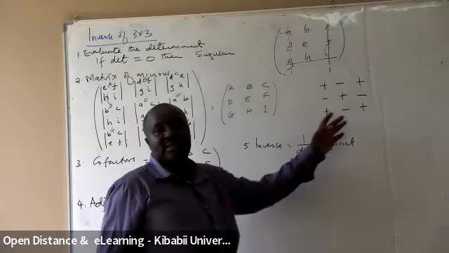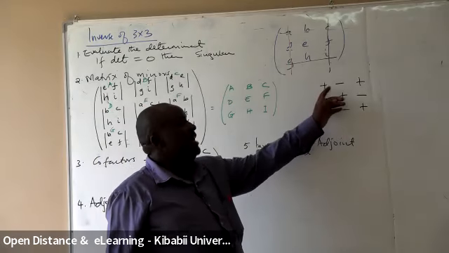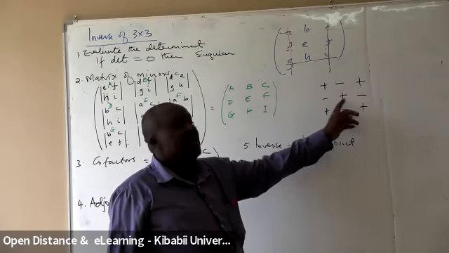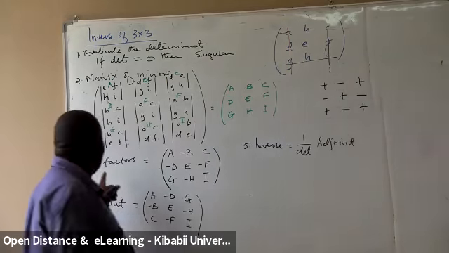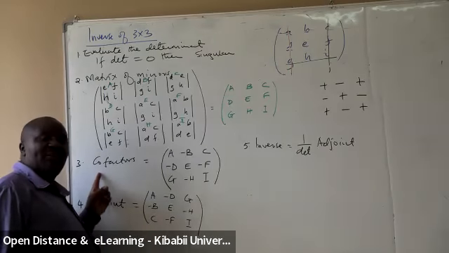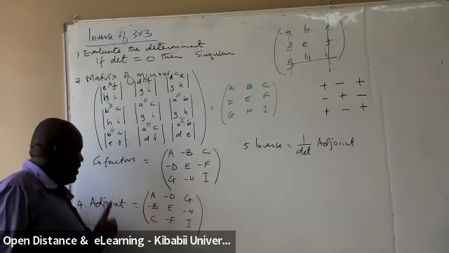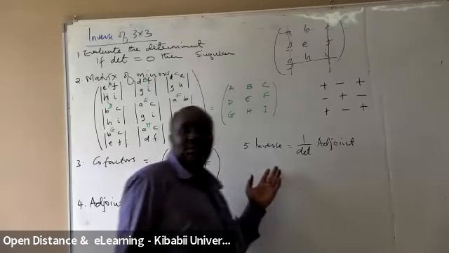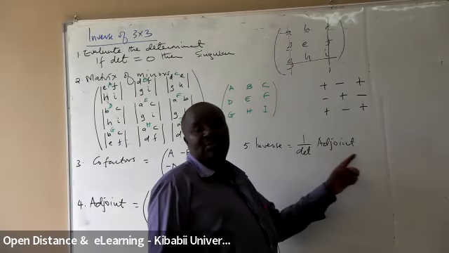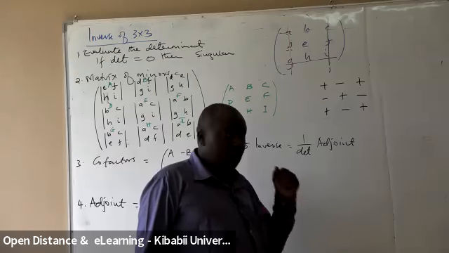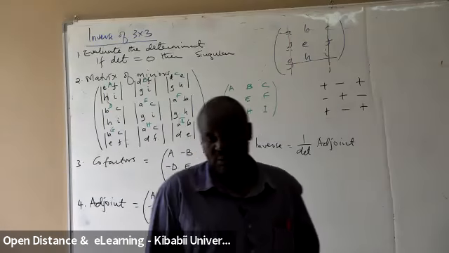When I apply the sequence of signs, plus, minus, plus, minus, plus, minus, plus, minus, plus, what I get is the cofactor matrix. Once I have a cofactor matrix, I transpose that to get the adjoint. Then I can evaluate the inverse as 1 over determinant times adjoint. That gives the inverse of a 3 by 3.